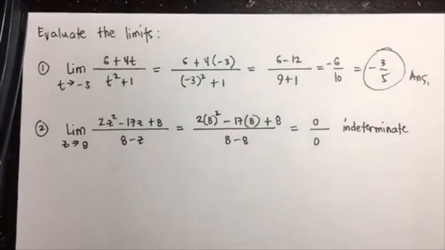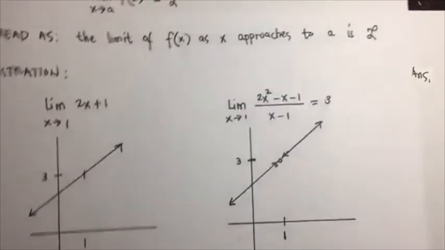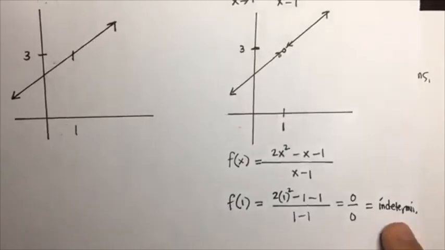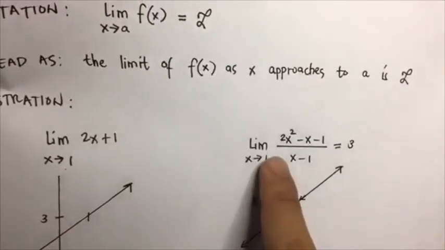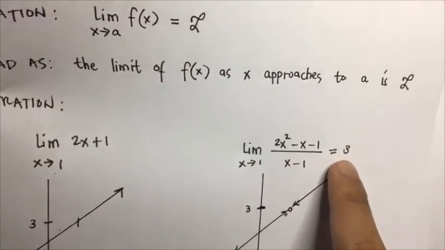However, we don't jump into conclusions immediately. Similar to what we had in our illustration, the value of the function is indeterminate at the point, but it has a value for the limit.